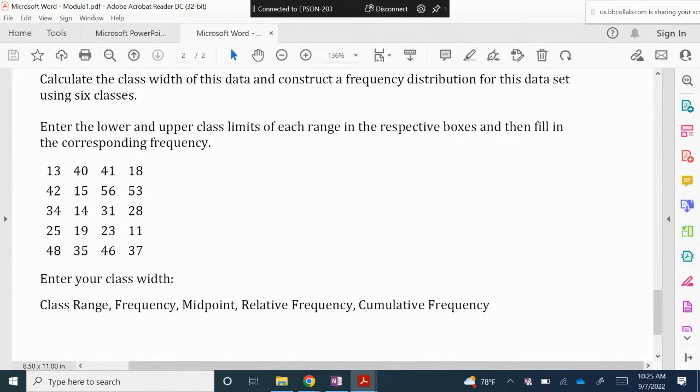It says calculate the class width of the data and construct a frequency distribution using 6 classes. Anytime you construct a frequency distribution, they will always give you the number of classes. Enter the lower and upper class limits of each range, and then fill in all the boxes of the corresponding frequency.